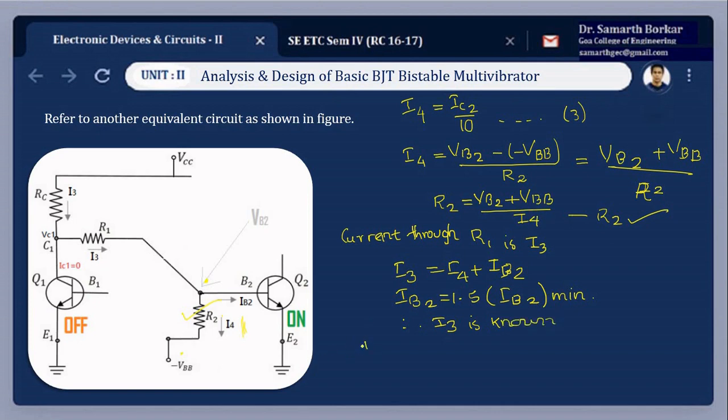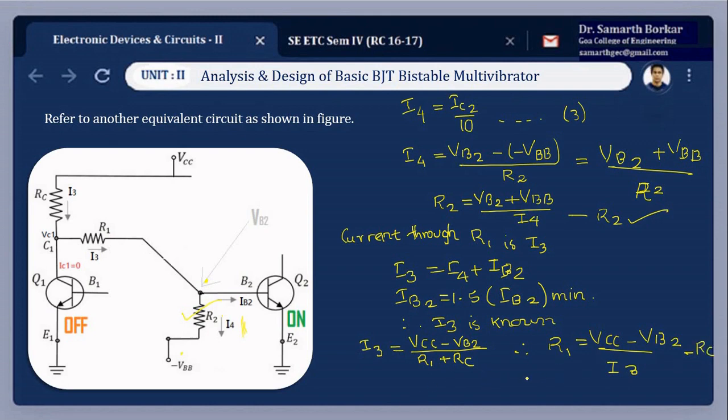So now we can write the equation for I3. I3 is the current passing through this path. So it is VCC minus VB2 divided by R1 plus RC. Therefore, R1 equals VCC minus VB2 by I3 minus RC.